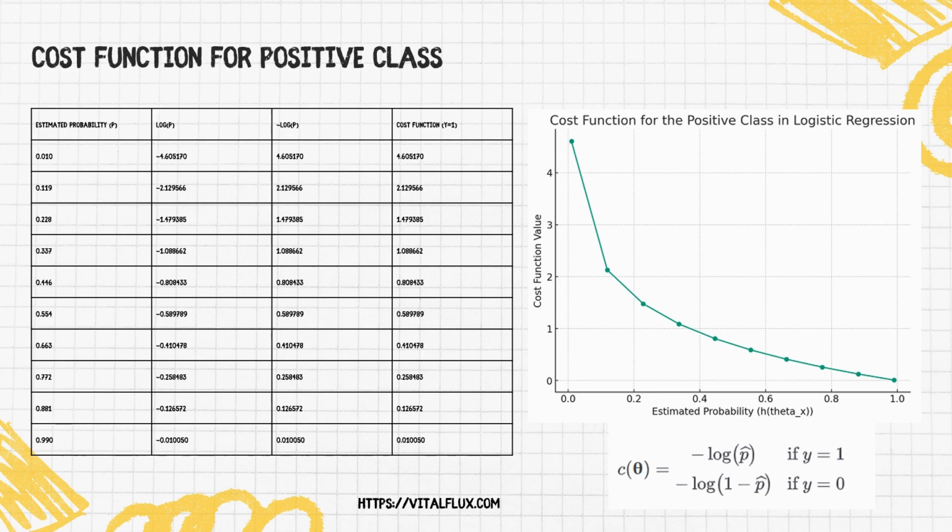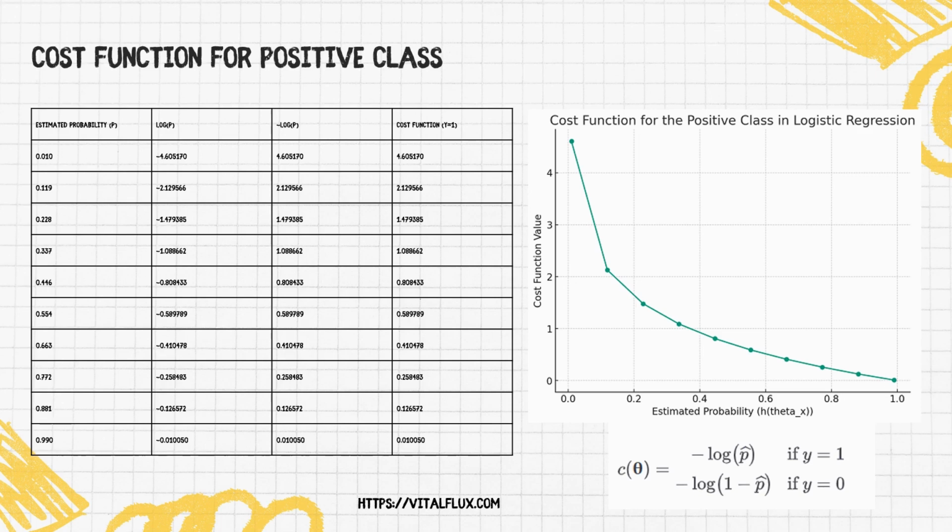This is where the second column comes into the picture. The second column, log P, is a way of transforming our confidence levels to work nicely with maths, especially when the probabilities are really small. Notice that when the estimated probability is low, our log P is a large negative number.